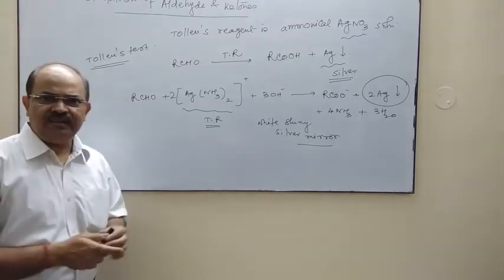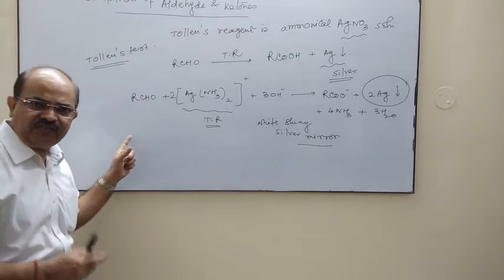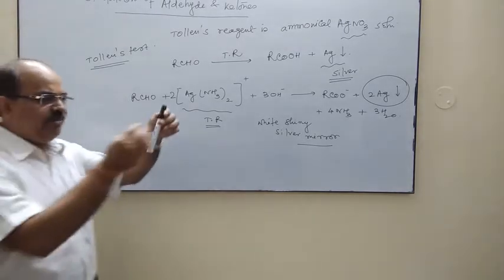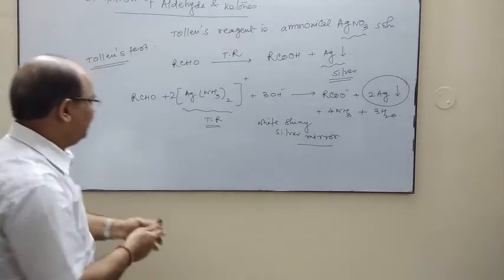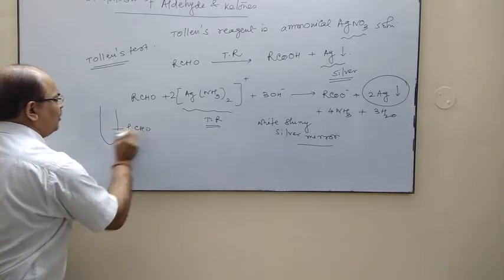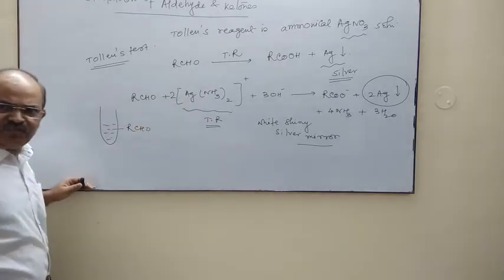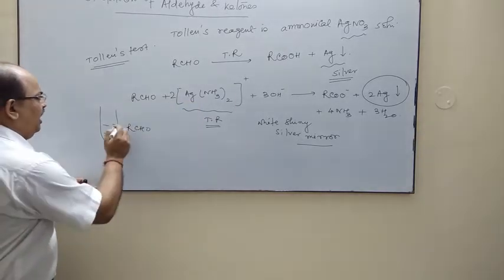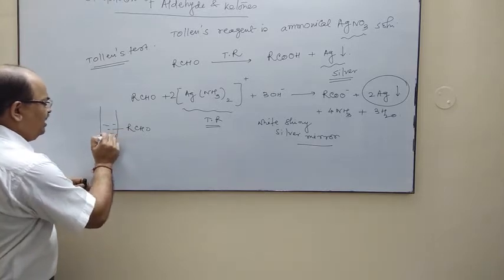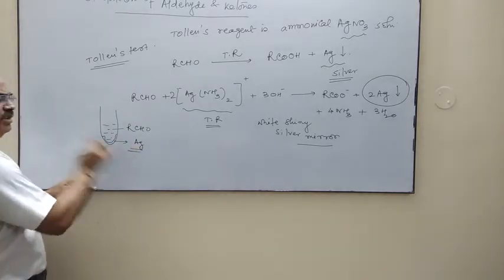What happens when you are in the laboratory, because this reaction is used to distinguish between your aldehyde and ketone. When you take a test tube in the laboratory, and in this test tube, if you take aldehyde solution and warm it with your Tollens reagent, then after some time you just observe a white shiny silver mirror will form in this case.